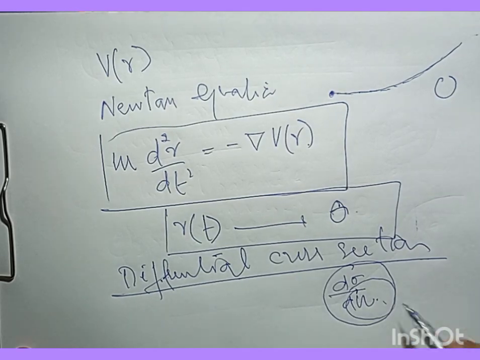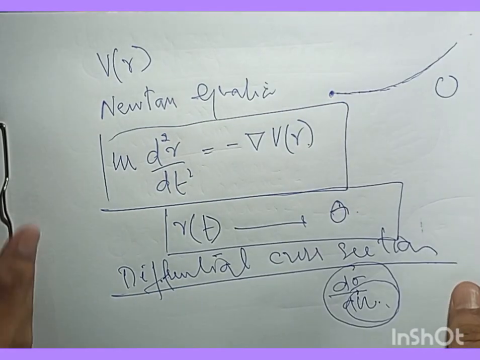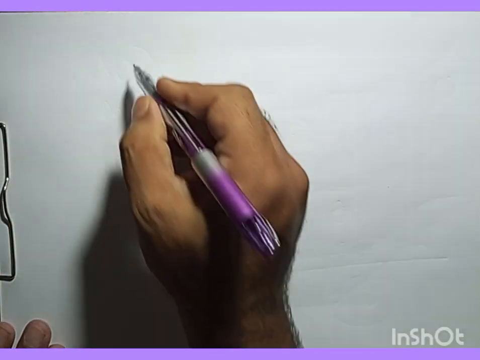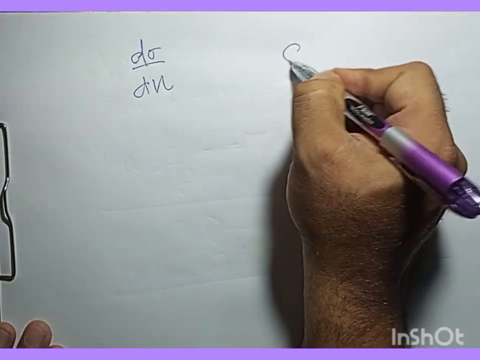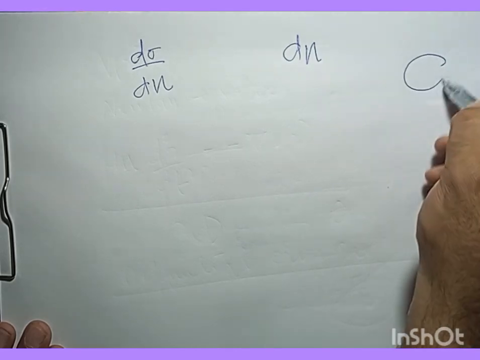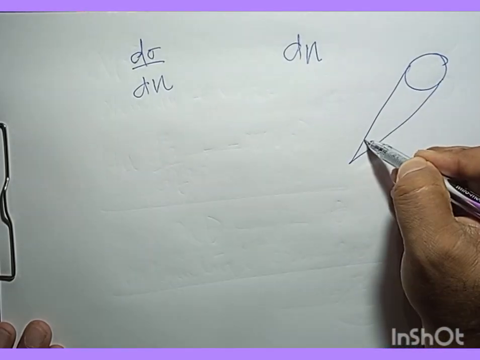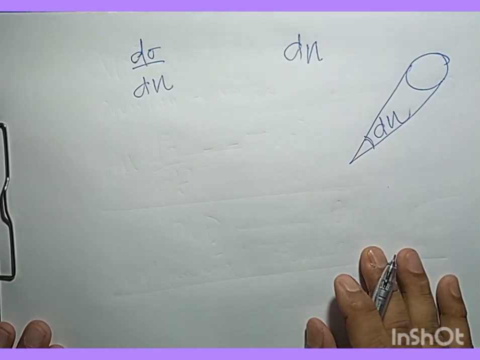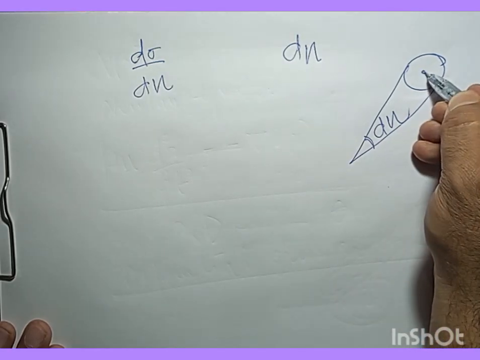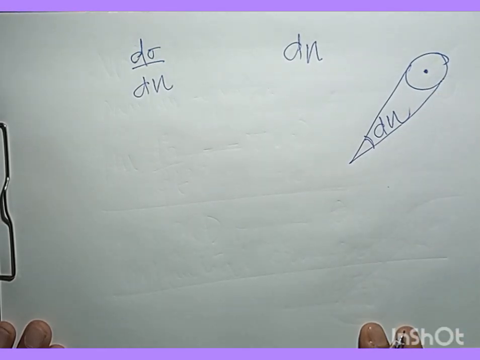So this d omega is giving us the measure of this angle. And which angle is this? This is the solid angle. We have d sigma by d omega, and d omega is our solid angle. This is our d omega for the central potential that's under consideration.